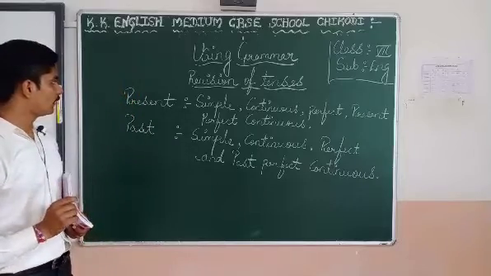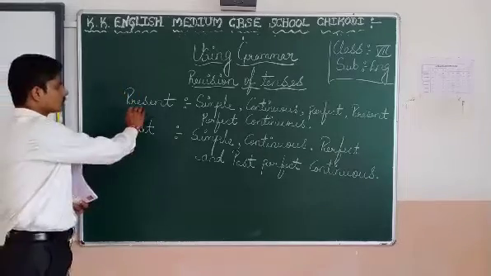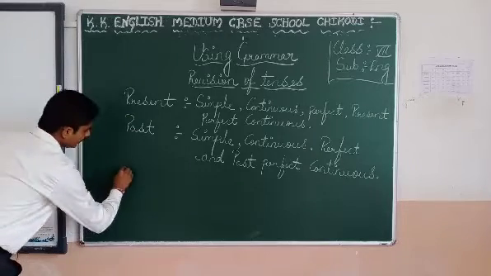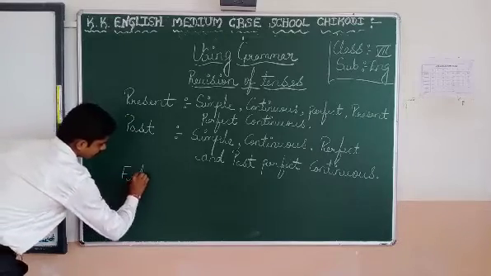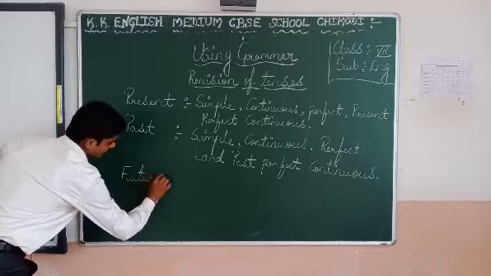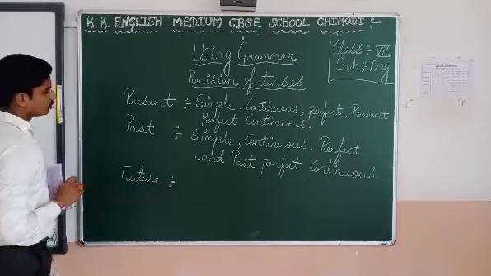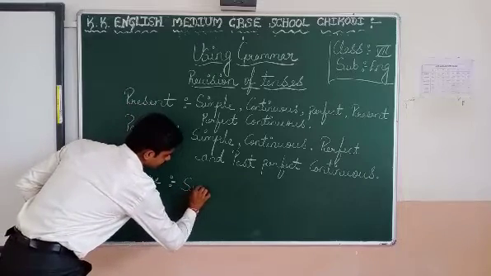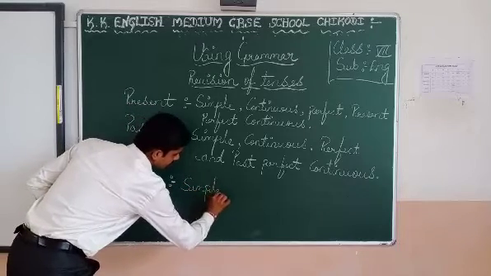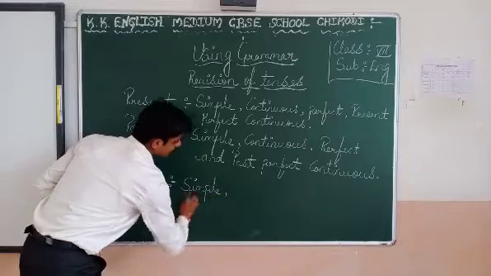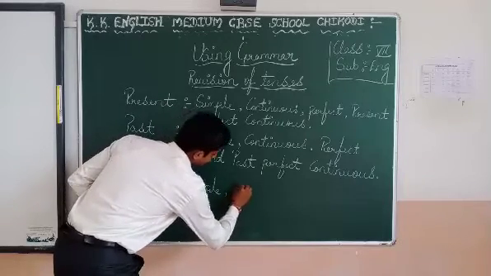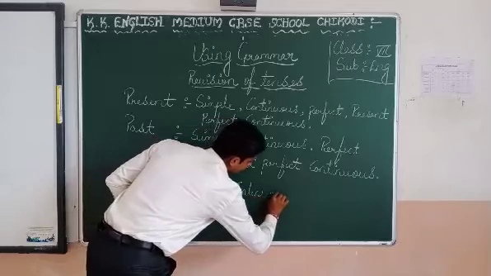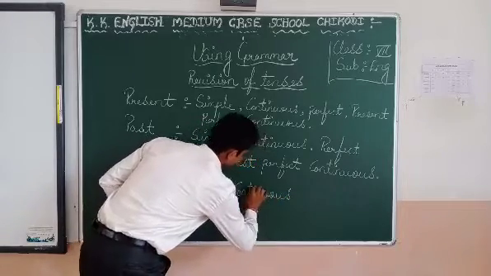So now let's work on these two forms of the tenses. There is another one. It is called future tense. In the future tense, we are going to learn about simple future tense and future continuous tense. Okay.